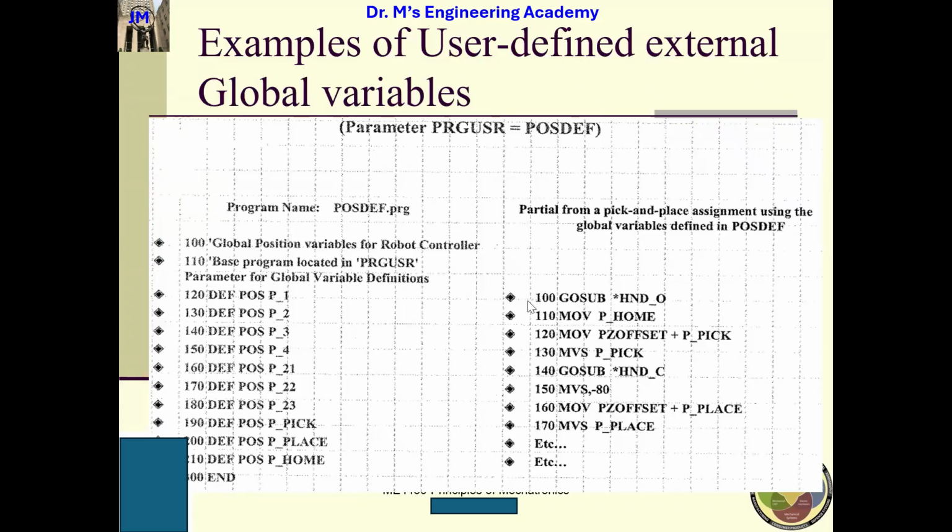Even though I have not talked about this GoSub, based on our intuition and programming experience, GoSub means go to a subroutine. So in this PLC we talk about this. Here is Move P home, and then Move BZ offset P peak, MVS P peak, GoSub, this GoSub hand close, MVS, and I will talk about all these things one by one.